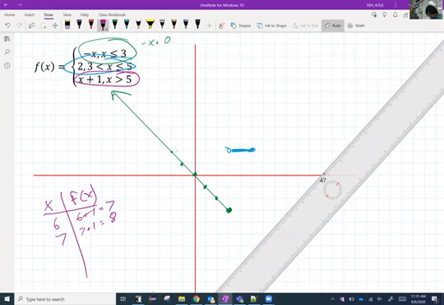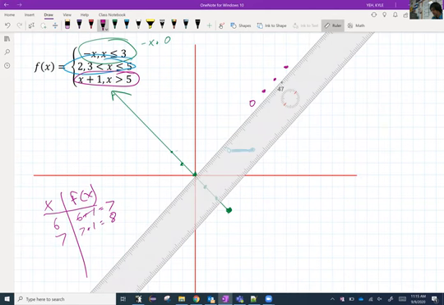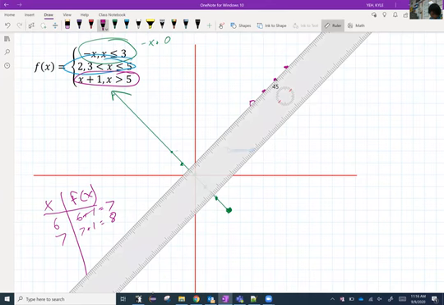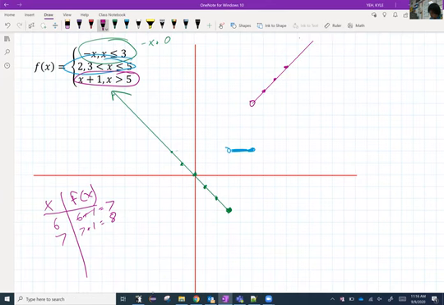So when x is 6, 1, 2, 3, 4, 5, 6, I should be up at 7. 7 is 8. 8 will be 9. And how long does this continue? Well, it starts at x equals 5. Right past it, I'm going to put an open dot because I don't want to include x equals 5 in this part of the function definition. But I'm just going to draw that ray and step back and look at my piecewise function.